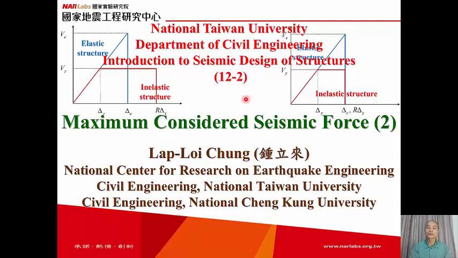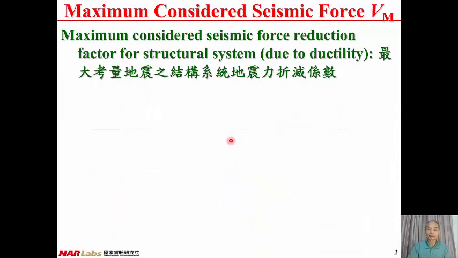This is lecture 12-2, Maximum Considered Seismic Force 2. Maximum Considered Seismic Force is the seismic force corresponding to the maximum considered earthquake. Here is some terminology: Maximum Considered Seismic Force Reduction Factor for Structural System due to ductility.